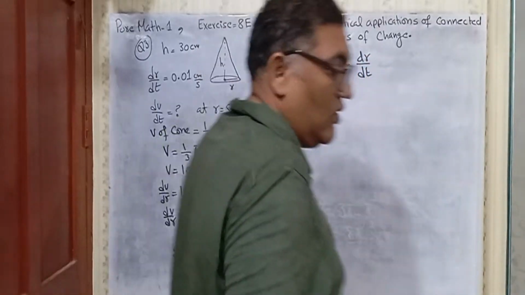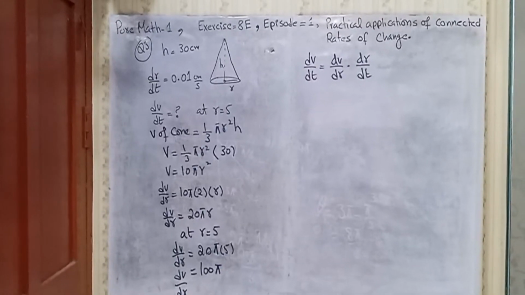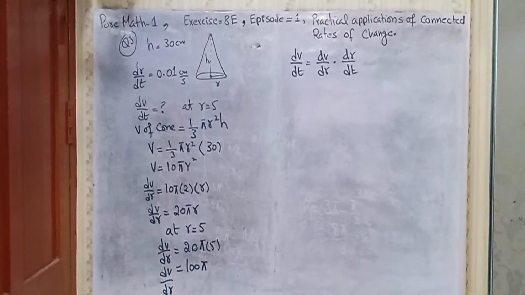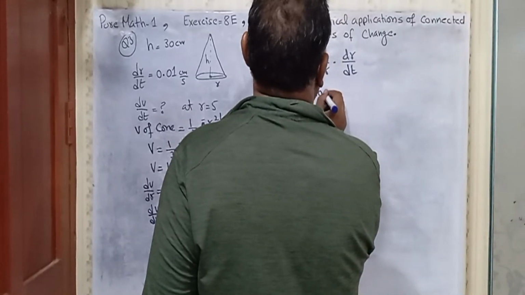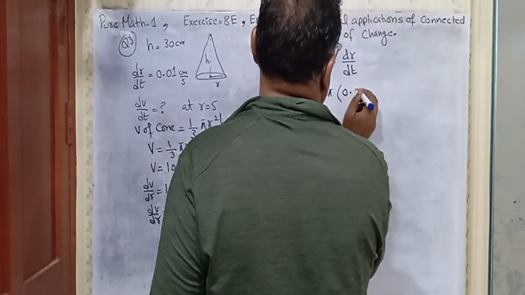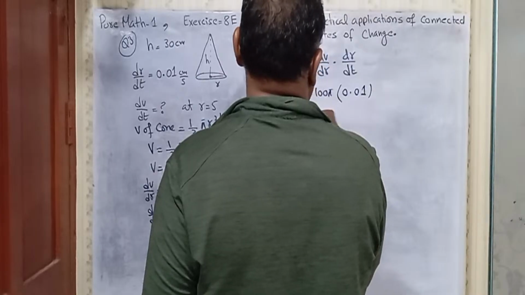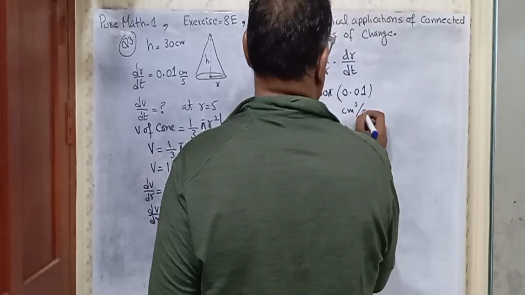This is my chain rule. dV by dr is 100 pi and dr by dt is 0.01, so the 100 cancels.